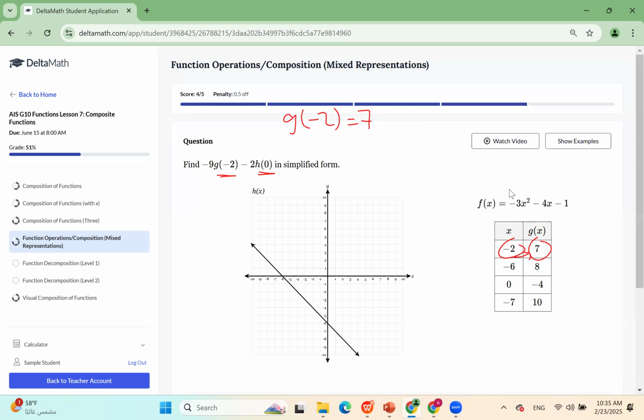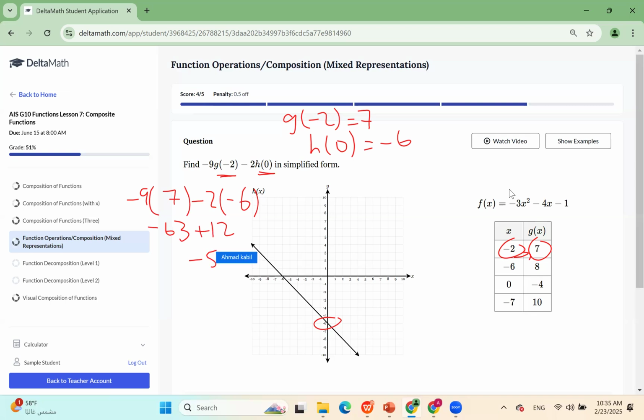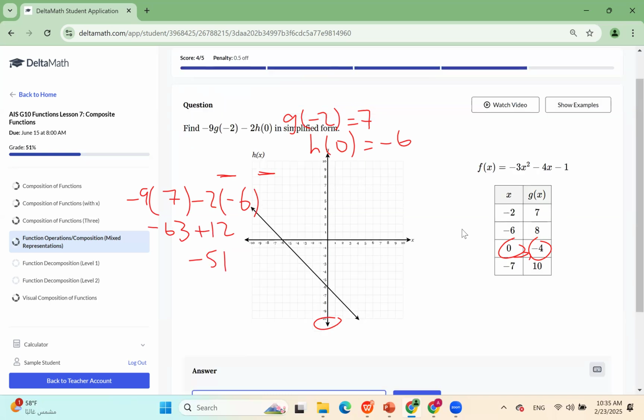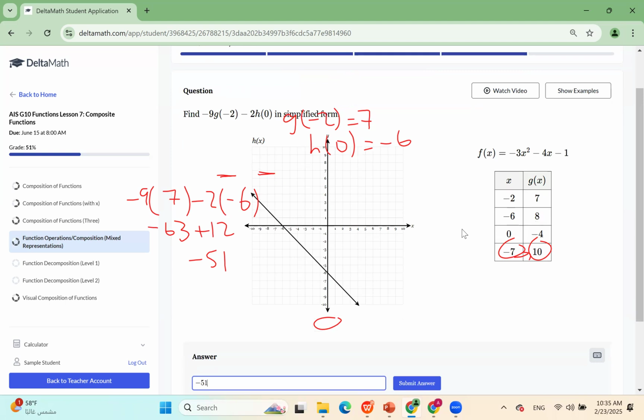And then h of 0 equals -6. So we have -9 times g of -2, which is 7, minus 2 times h of 0, which is -6. So -63 plus 12. And this gives us negative 51. So the final answer is negative 51.